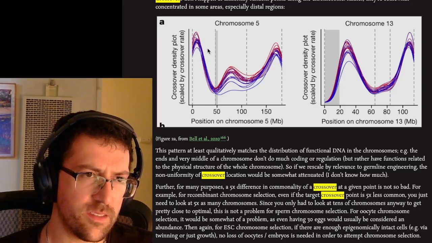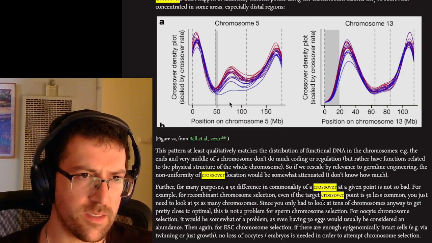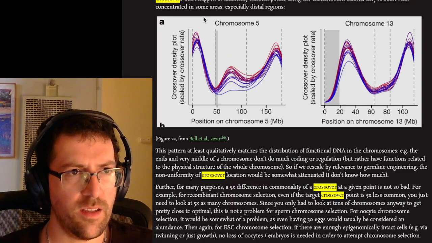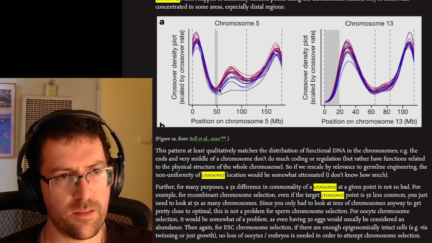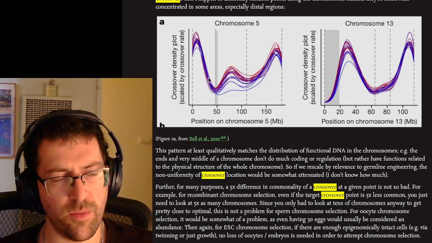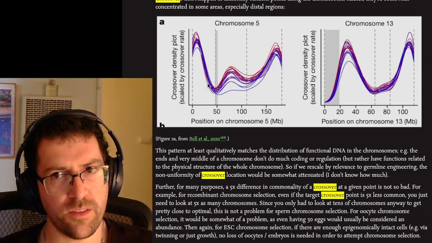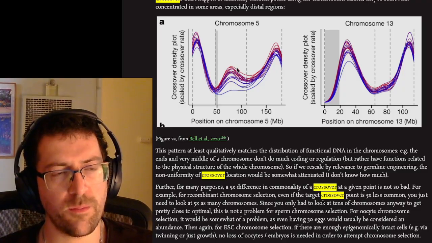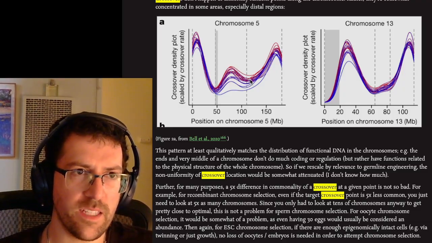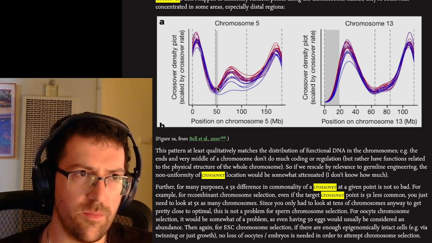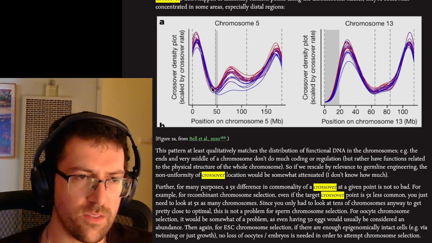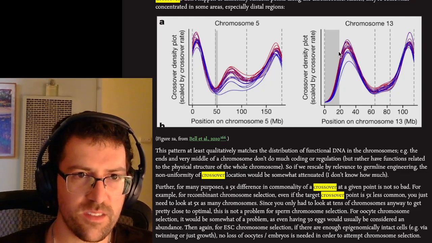Maybe this is the centromere, and these are the telomeres, and then here's the heterochromatin, where most of the functional DNA is, in these two patches between the centromeres and the telomeres. So that's where you're getting fewer crossovers, apparently. Maybe I'm just wrong about these positions.